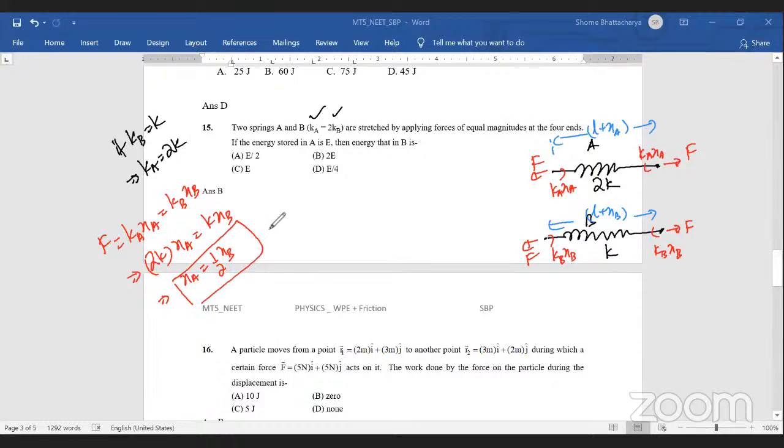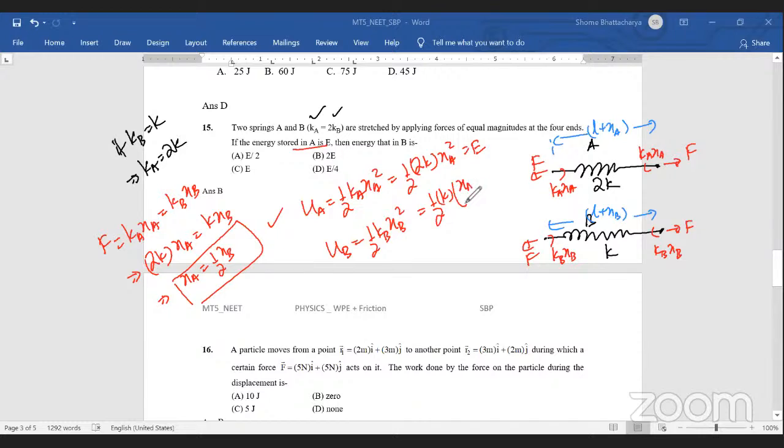The extension of A is half of the extension of B. Now it is given that the energy of A is E. So energy stored in A is half Ka into XA square, that is half of 2K into XA square, that is E. So energy stored in B, how much will that become? Half of K into XB, we can write as XA by 2. So that we have to calculate.